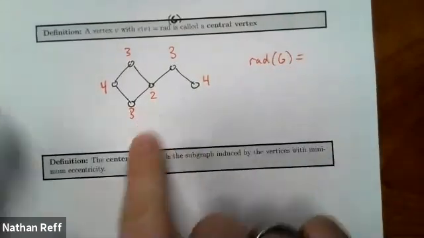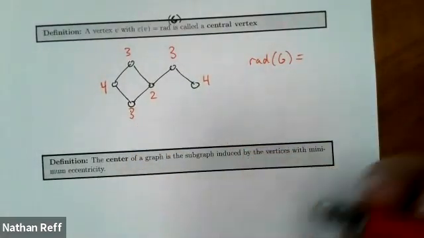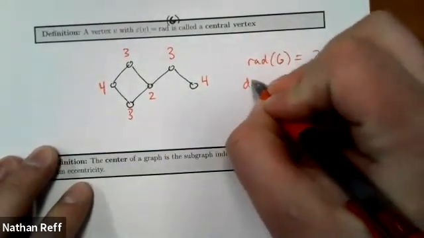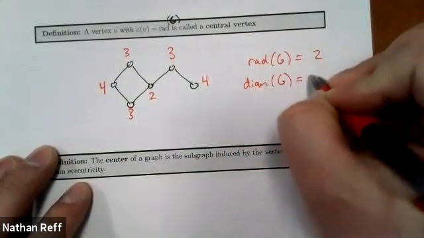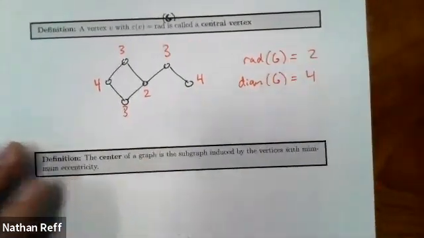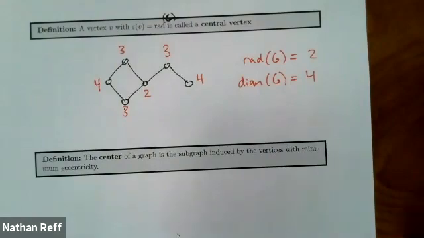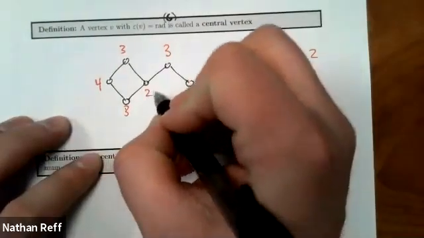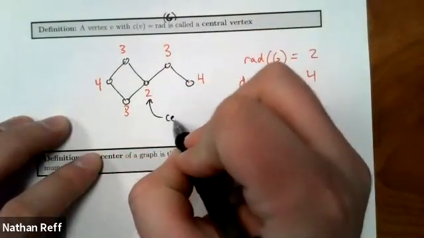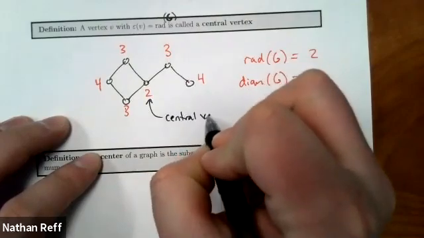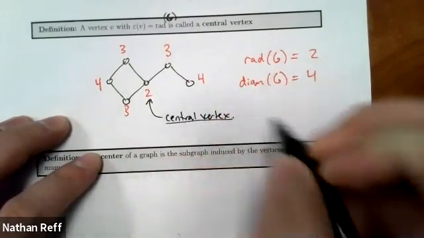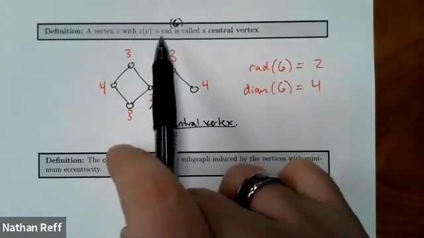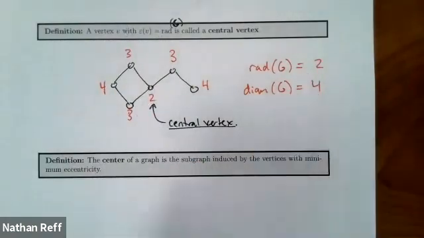The radius would be the minimum eccentricity, which is 2. And the diameter is 4, right? The maximum eccentricity. And now this vertex right here is a central vertex. Okay, because it is a vertex where the eccentricity is actually equal to the radius.